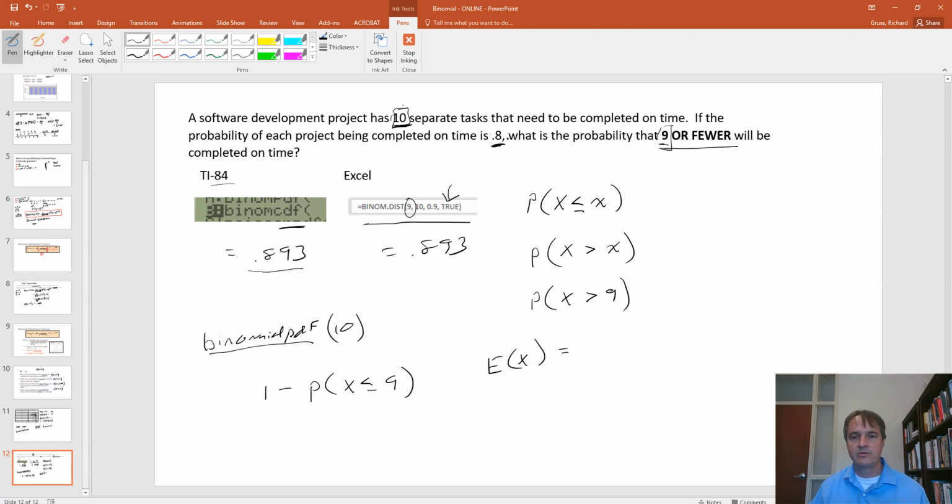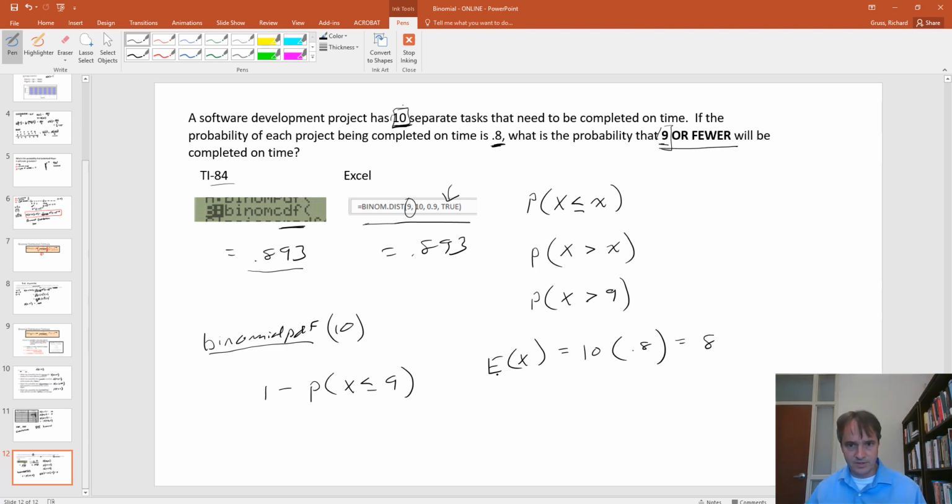Well, let's think about it. If 80 out of 100 succeed, that would mean that 8 out of the 10 would succeed, right? So the expected value here would be the 10 trials times the 0.8, so we would expect 8.